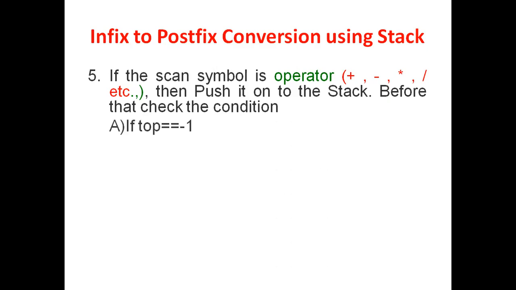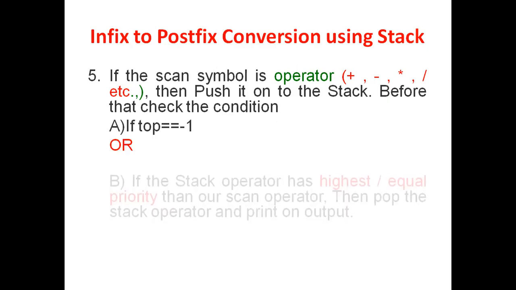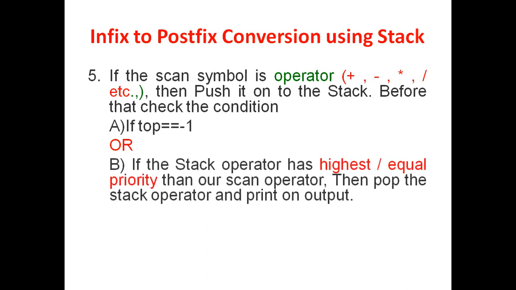If top is equal to -1, then push our operator into the stack. Otherwise, if the stack operator has higher or equal priority than our scan operator, then pop the stack operator and print it on output.